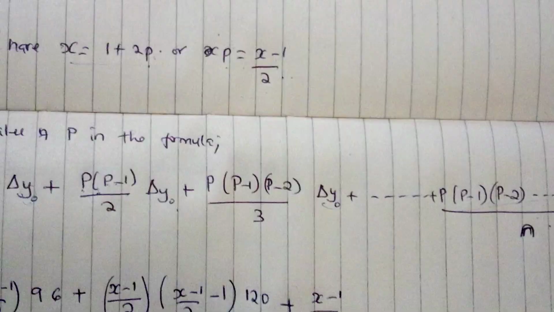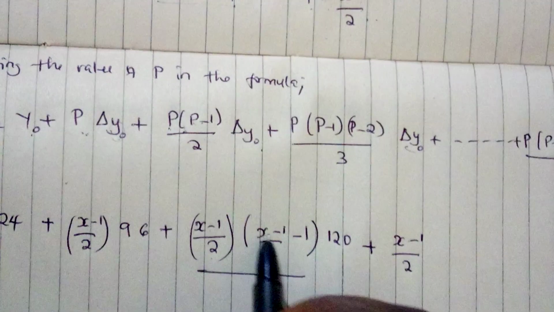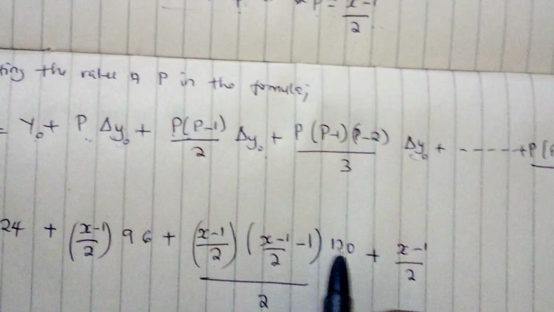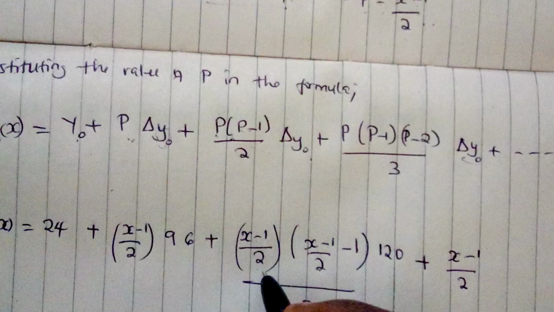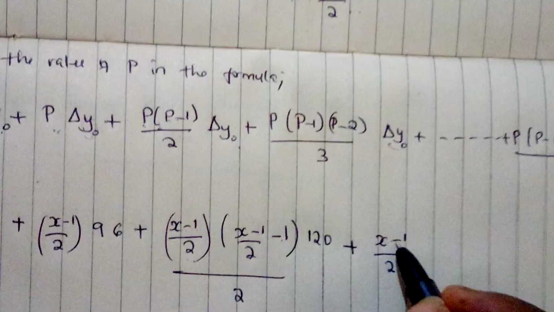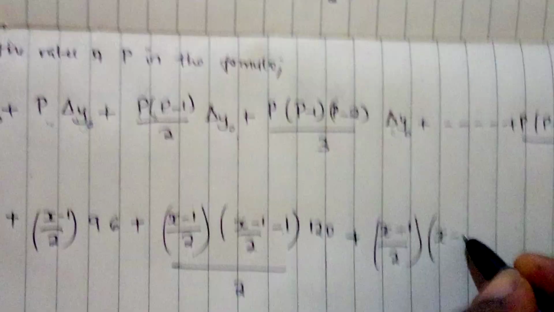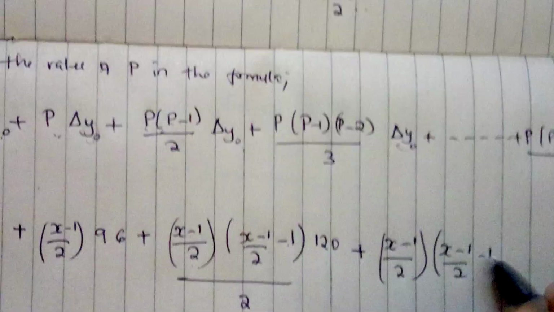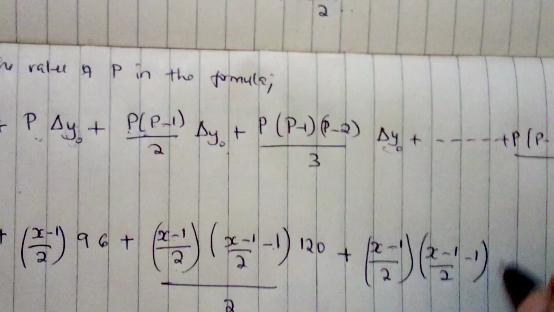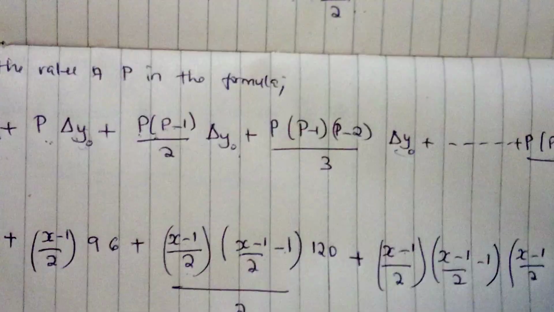So we follow the sequence. This is x minus 1 over 2, x minus 1 over 2 minus 1, we multiply by 120, but our difference here ends at 48. So we'll have x minus 1 over 2, x minus 1 over 2 minus 1, then x minus 1 over 2 minus 2.